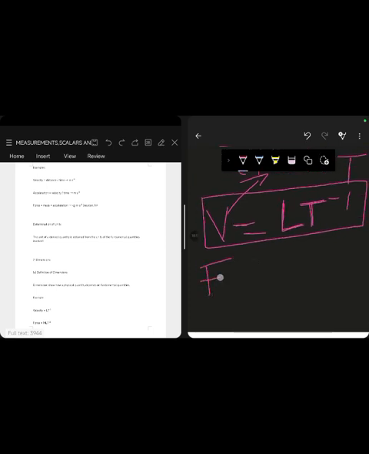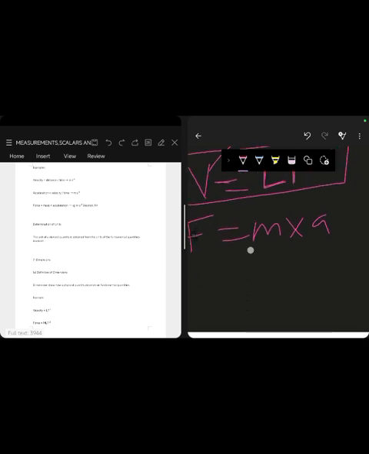Force is equal to mass times acceleration. Now what is mass? Mass is a fundamental quantity, right? So I leave it in its unit. Mass is still a fundamental quantity, so I leave it as mass. Acceleration is velocity over time. Velocity is still a derived quantity. Time is fundamental.